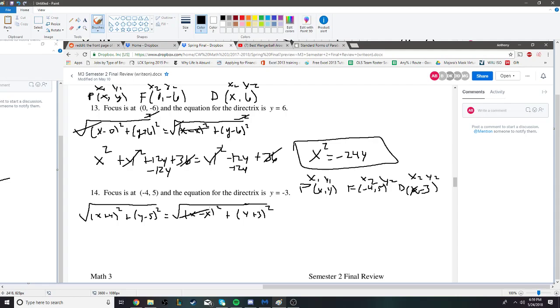So since these x squareds cancel, we're just going to leave this x plus 4 alone, square both sides to get rid of the roots.